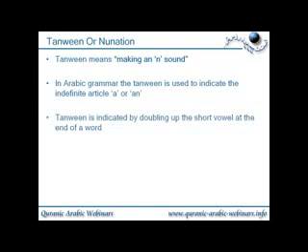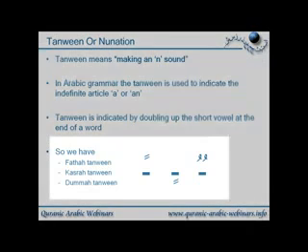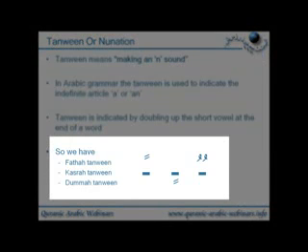Tanween is indicated by doubling up the short vowel at the end of a word. So you'll see the tanween at the end of a word. And here's an example, or a few examples. We've got the two dhammas, so that's a dhammatain, and we've got the two kasras and the two fathas. So terminology wise, at the moment we'll call these fatha tanween, kasra tanween and dhamma tanween.